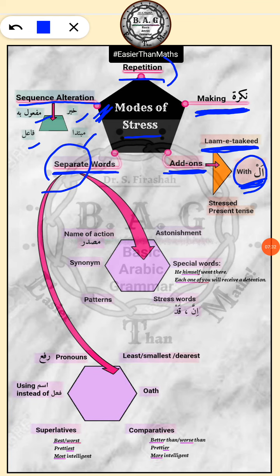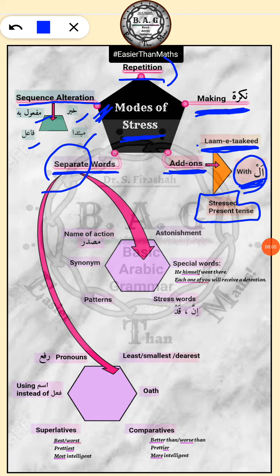So we've got lam ta'kid. By the way, in Arabic, stress is called ta'kid. This is something that you might have got from the title of this lesson already. So stress is ta'kid in Arabic. So we are done with al and lam ta'kid. Next is your stressed present tense. If you want to put some stress to present tense, you put two kinds of add-ons to it.